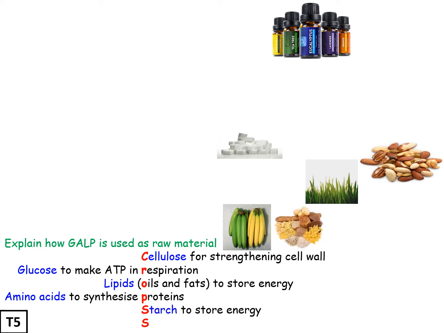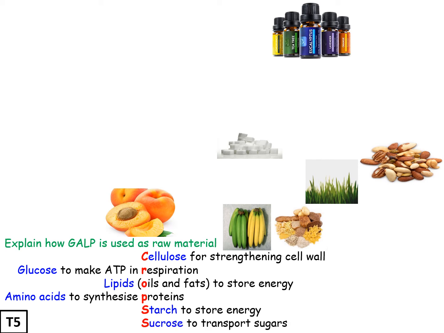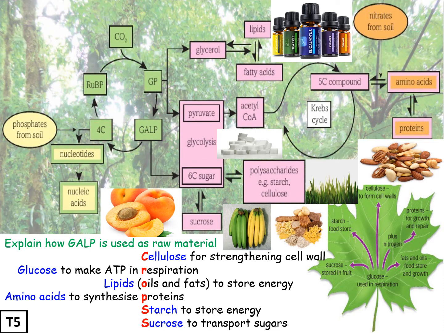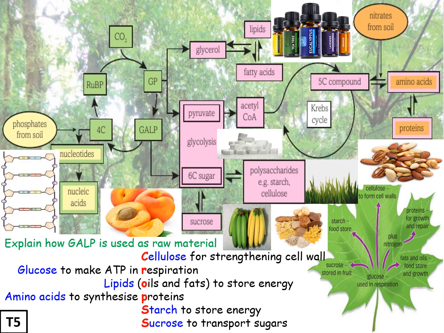GALP could also be used to produce starch, which is a storage of energy, and it could also be used to convert into sucrose, which is a way of transporting sugars. Another molecule that GALP could be used to produce are nucleotides for both DNA and RNA.